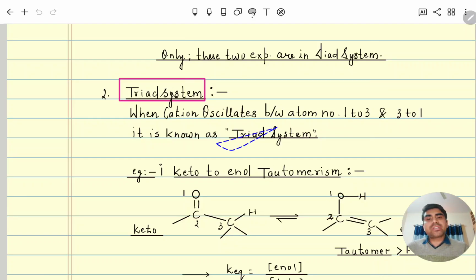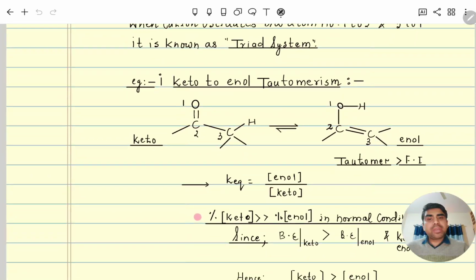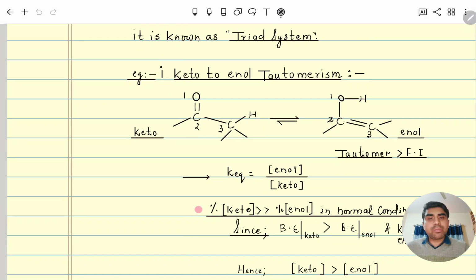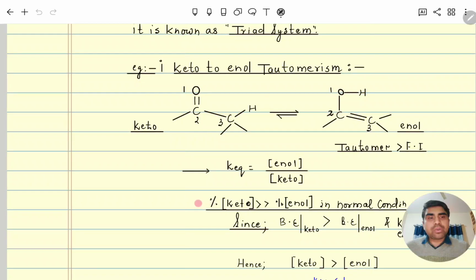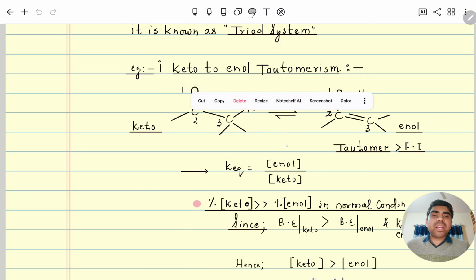This is called the triad system. For that we already discussed the conditions: A and B should be double bonded, means multiple bond. B should be more electronegative, and the alpha carbon should have a monovalent atom: hydrogen, deuterium or tritium. It can occur in acidic medium also or basic medium also.